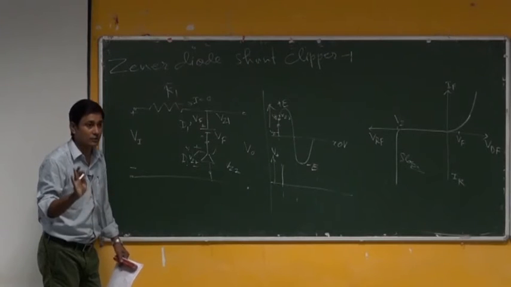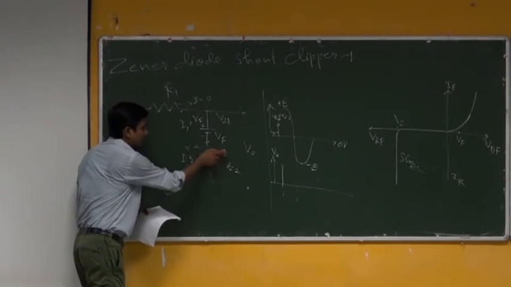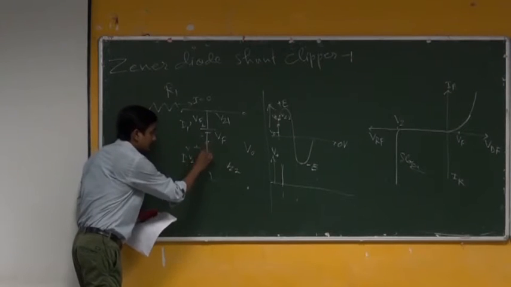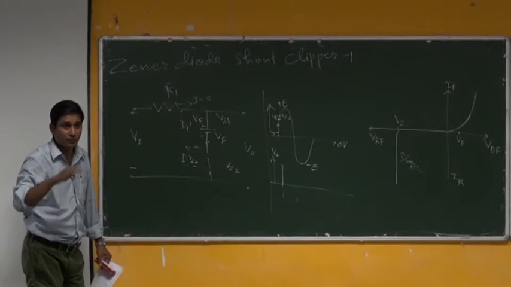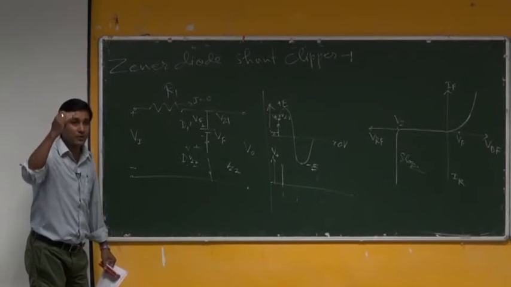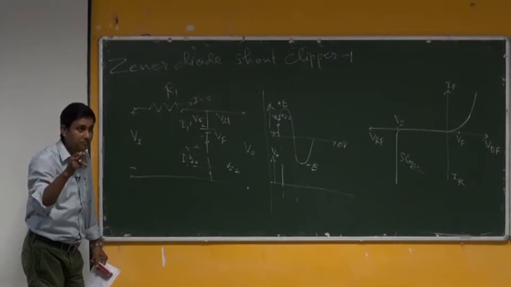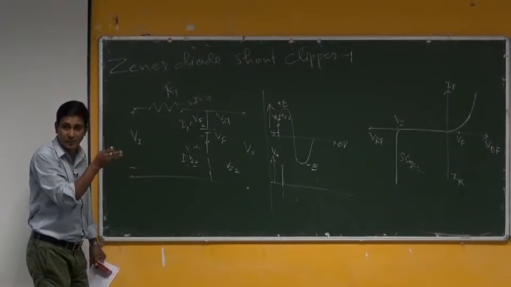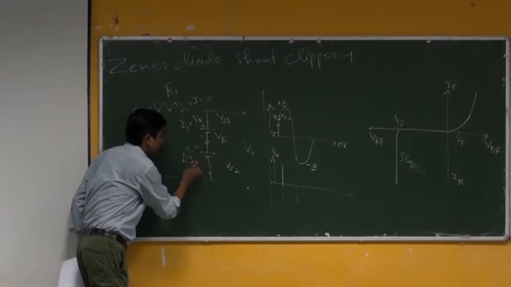Below that it cannot. So after it reaches Vz2, I will equivalently represent this diode with what voltage? Positive at the top or bottom? Positive at the top, because the potential Vz2 which I am applying is a positive potential. So it is positive, it is negative Vz2.